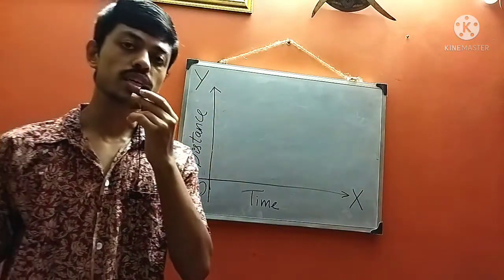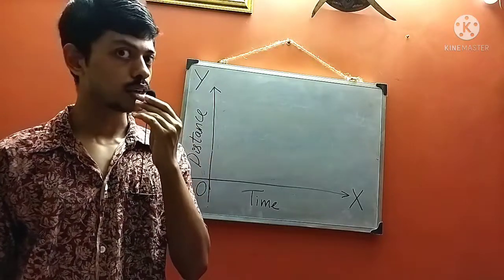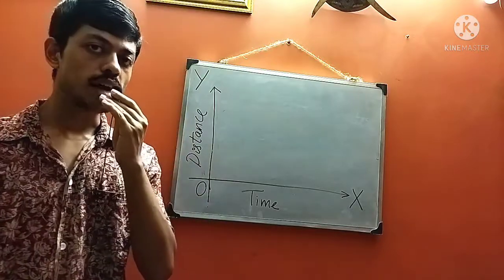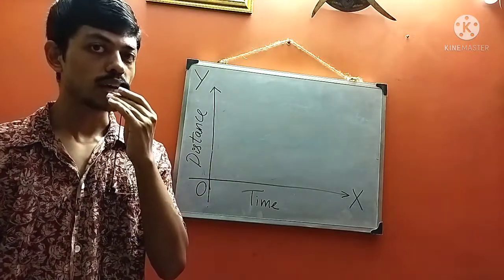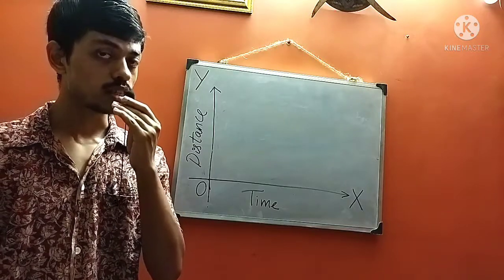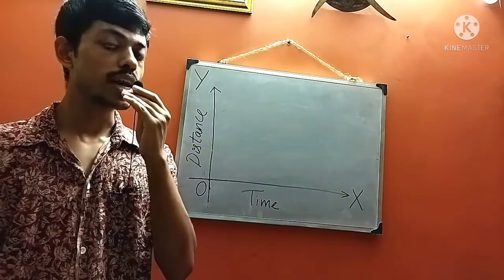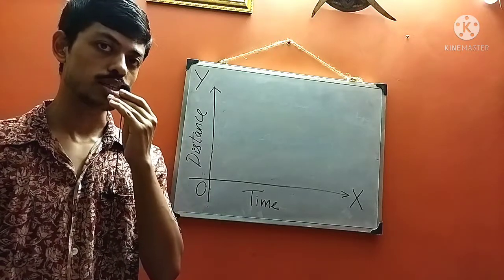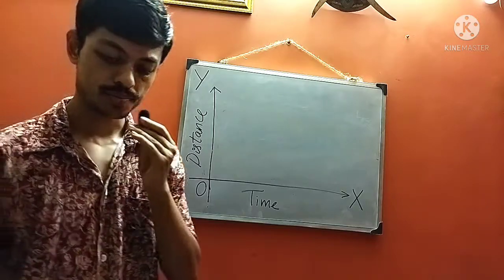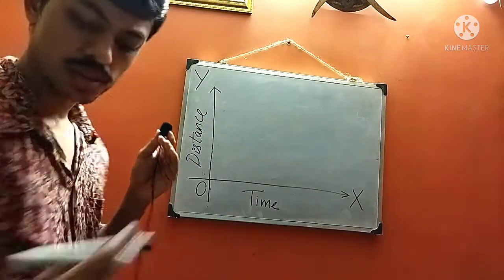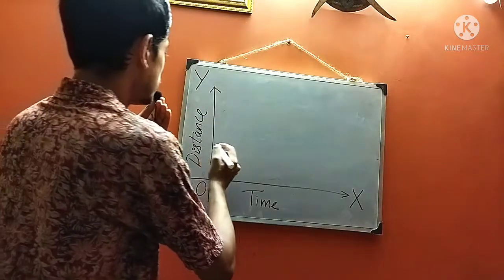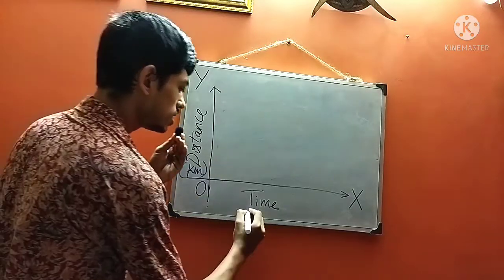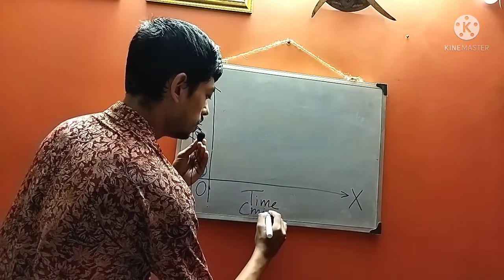Now coming to the three conditions of the line graph. What are those, students? Let us know. The first condition is that of an object moving with a constant or uniform speed. Let us understand with an example. Let us take the distance in kilometers and time in minutes.